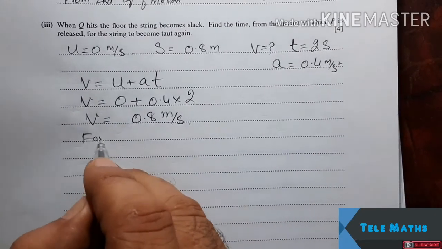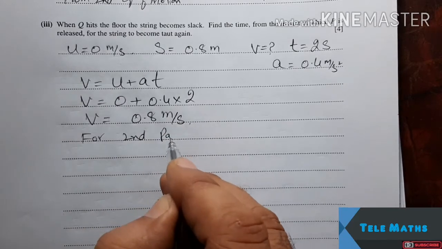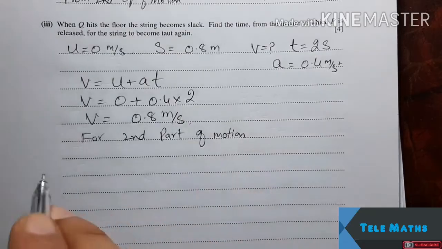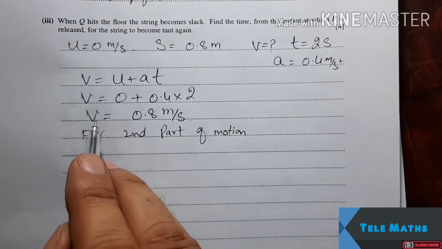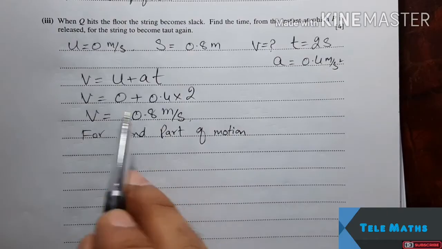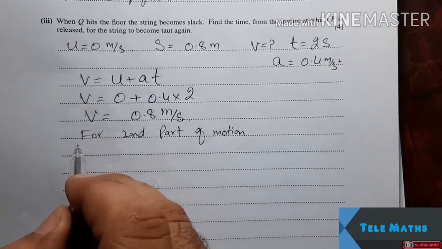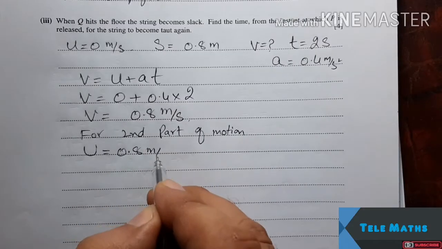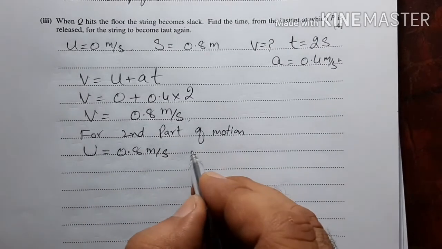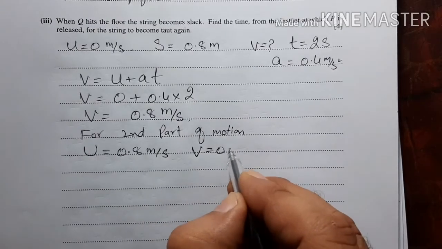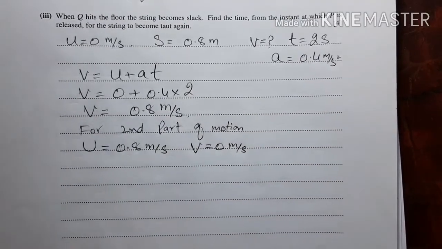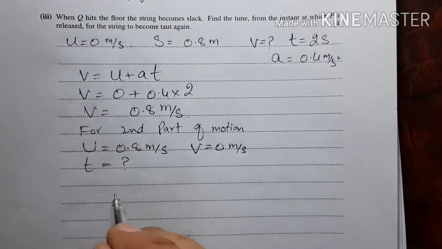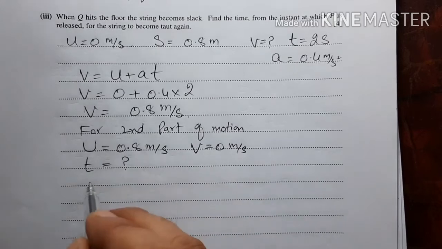But for the second part of motion, this will become the initial velocity. When Q hits the ground, this will become the initial speed of P. So u will now be 0.8 meters per second. V will be 0 because we know the particle will stop after some time. Time we need to find, and we also need acceleration.